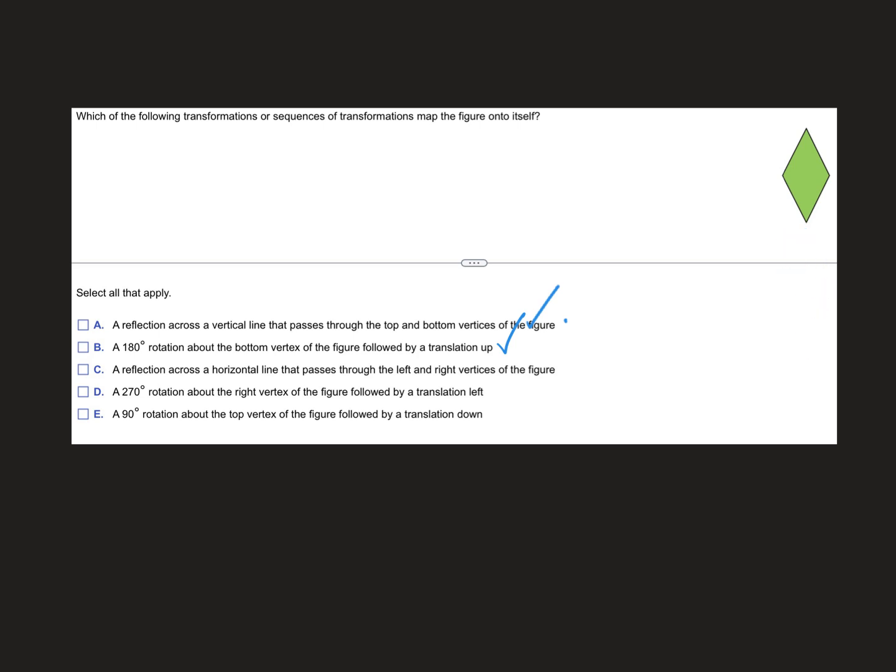What about letter C? If I reflect it across a horizontal line that passes through the left and right vertices, that would match as well. Okay, keep going. A 270 degree rotation about the right vertex, so I'm going to go counterclockwise.